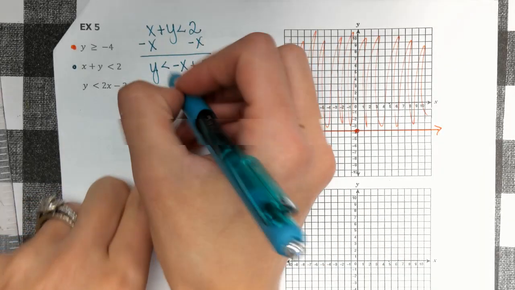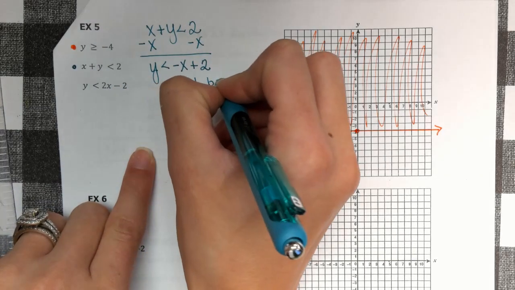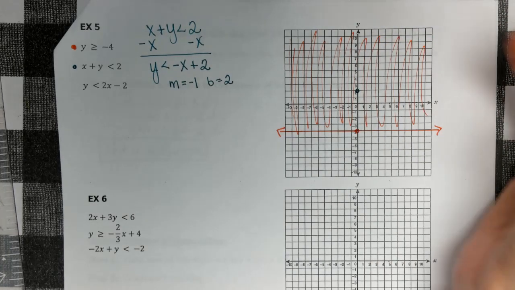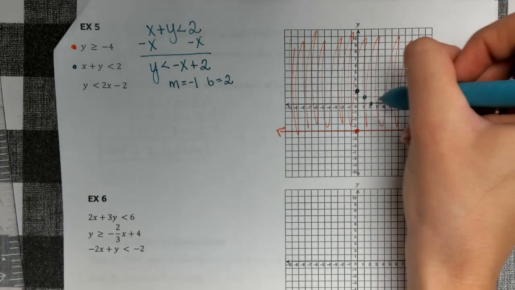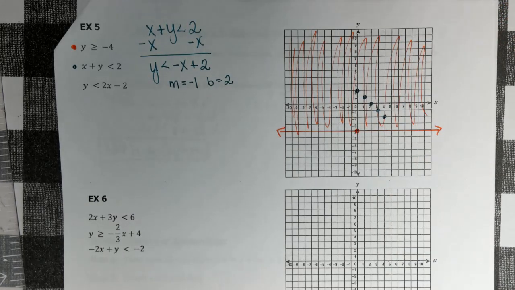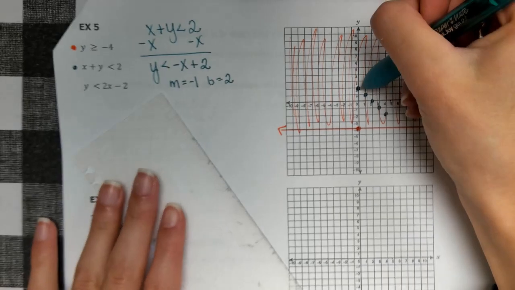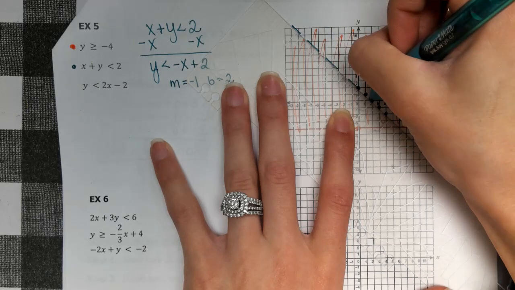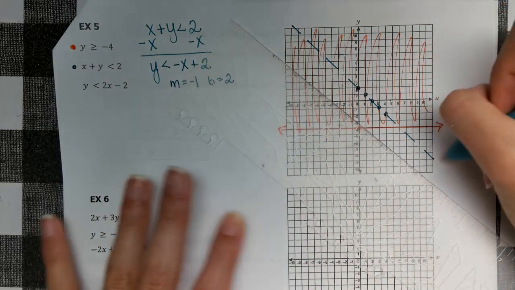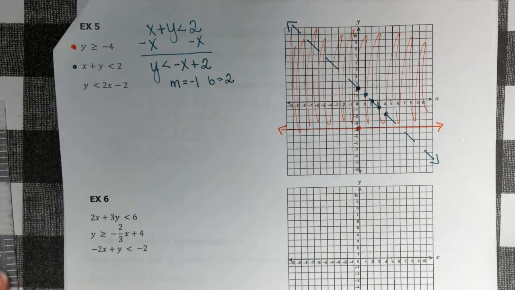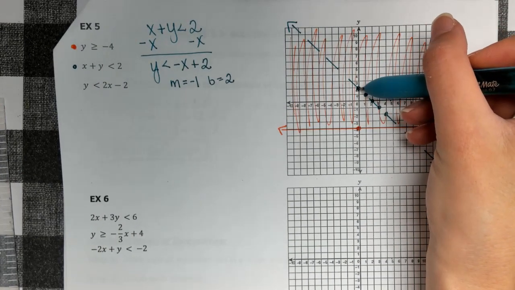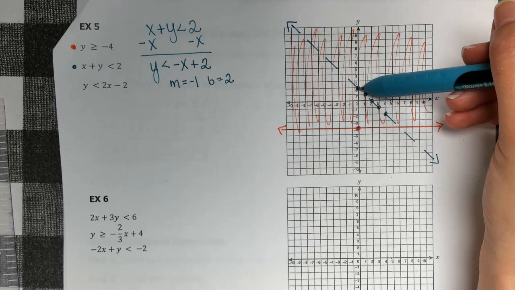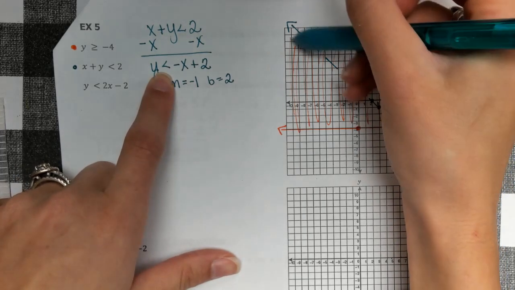I'm good there. My slope is -1. My y-intercept is 2. So I'm going to go down 1 to the right 1. Dash or solid? I go back to my y-intercept. Am I going to shade above or below? Below because it's less than.